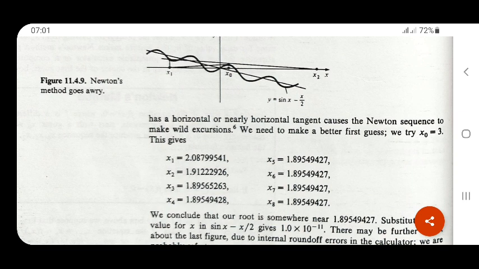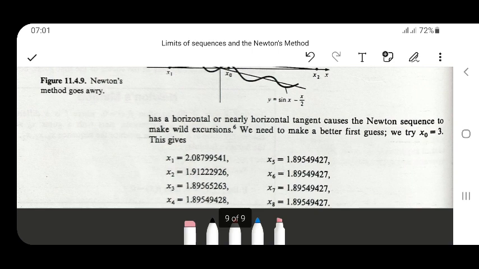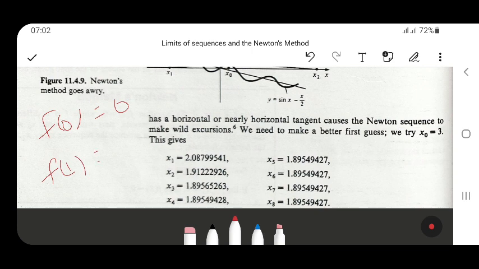Here again we choose this x naught, not randomly. We have to choose only positive roots. So f of 0 is 0, no doubt. We will find out f of 1, which is equal to sin 1 minus 1 by 2, and see what its sign is.